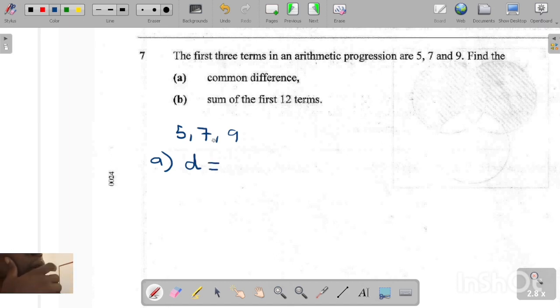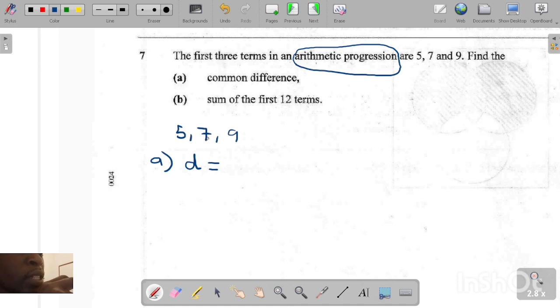Before we find the common difference, the other name for an arithmetic progression is a linear sequence. It is a sequence in which each term increases or decreases by the same amount each time. That same amount is what we call the common difference.